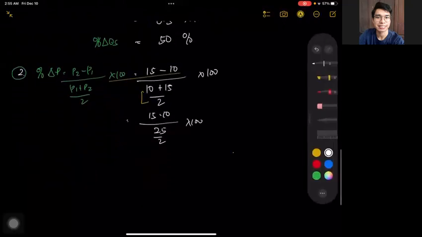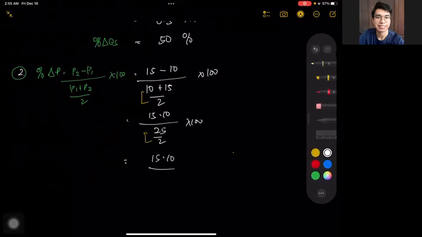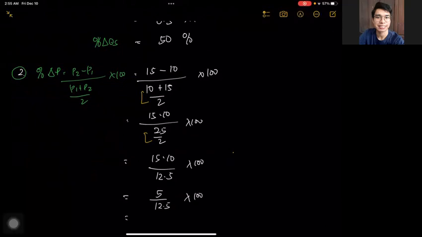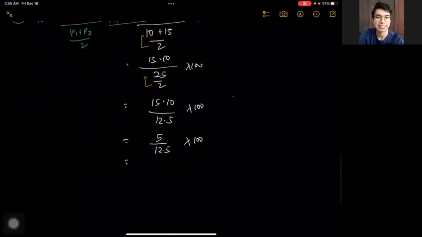So again, yung fraction nasa denominator. So 25 divided by 2 is equals to 12.5. So 15 minus 10 is 5 divided by 12.5, using your calculator, the answer is 0.4. So 0.4 multiplied by 100.